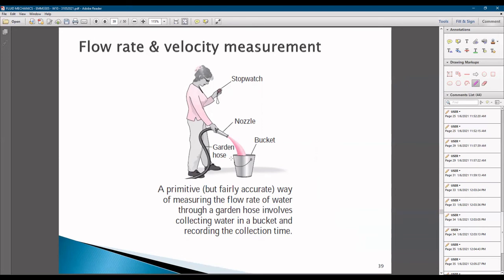Okay, and from there you can actually know the flow rate of this system. You can measure the flow rate of water through the hose or the pipe that you are using.